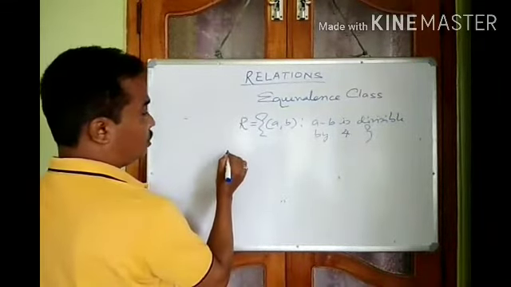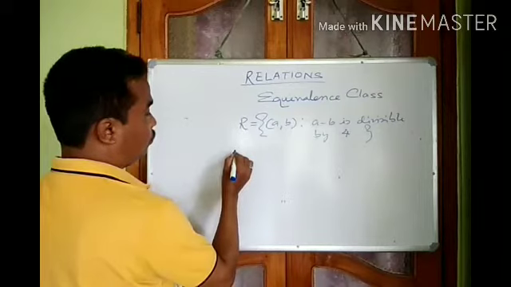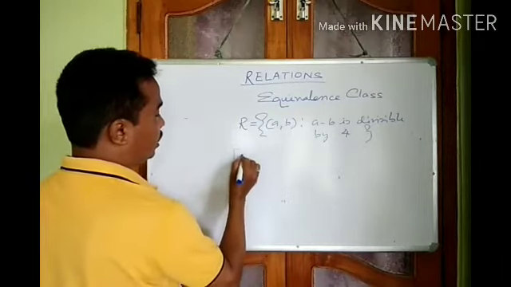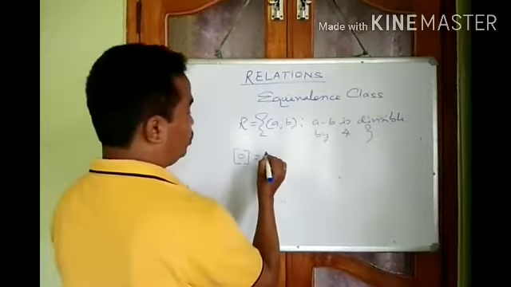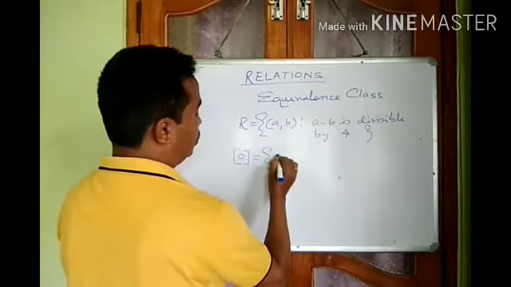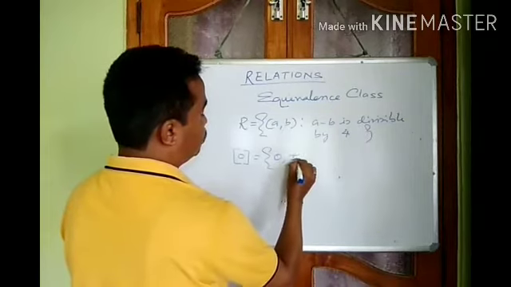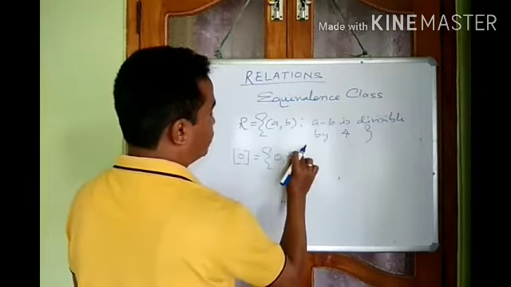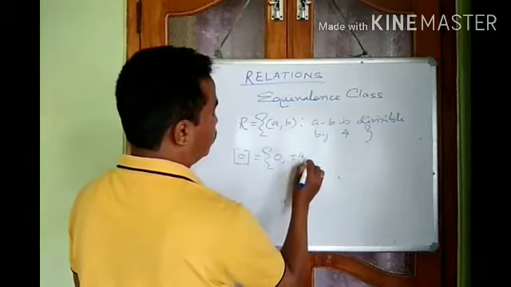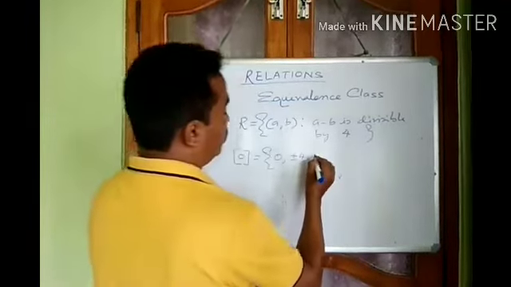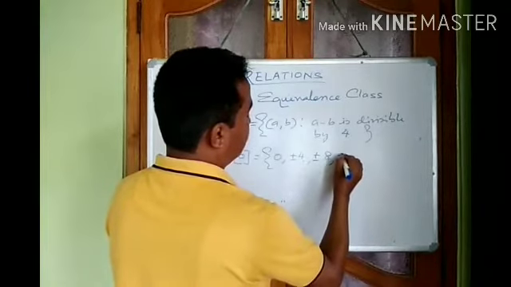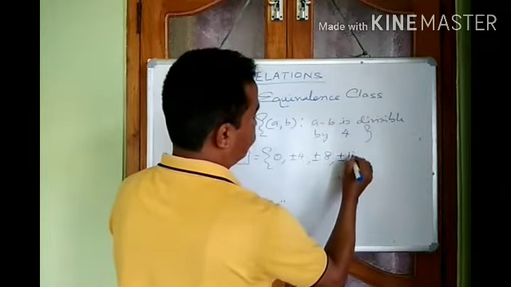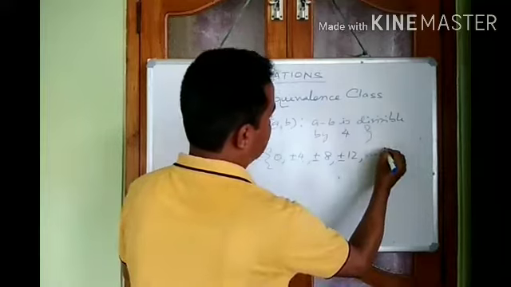So due to this, we'll get 4 equivalence classes. The first: the elements related to 0 are, we start with 0, plus minus 4, we go adding 4, plus minus 8, plus minus 12, and so on.